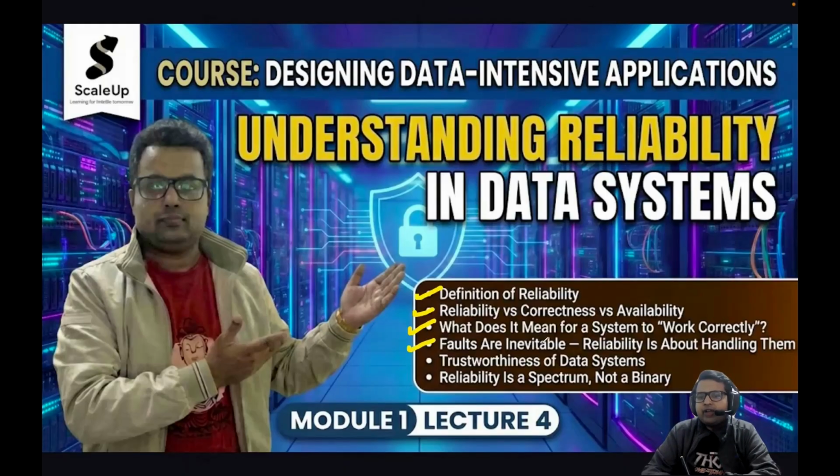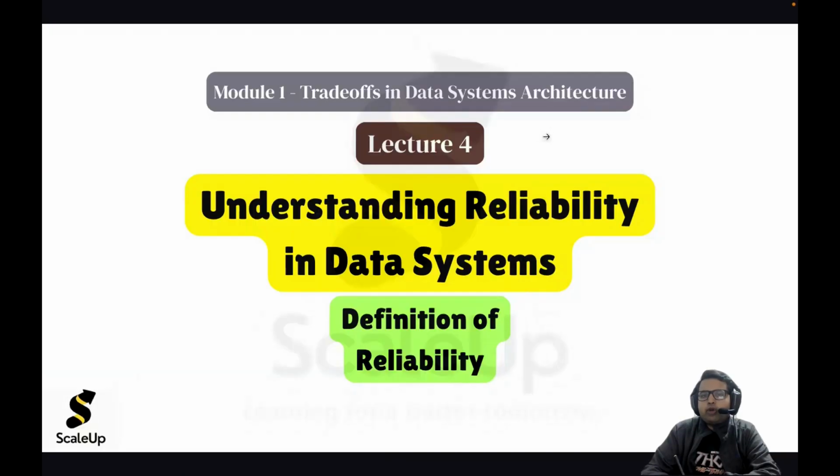Faults are inevitable; reliability is about handling them. Trustworthiness of data systems. And finally, we will conclude by discussing that reliability is a spectrum, not a binary. We will cover all these topics one by one. This is module 1, trade-offs in data systems architecture, lecture 4, understanding reliability in data systems. We will start with the first topic, the definition of reliability.